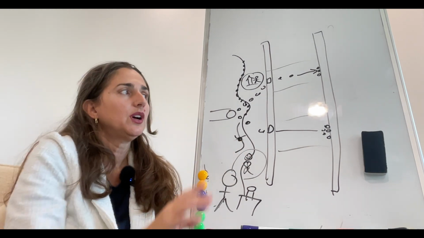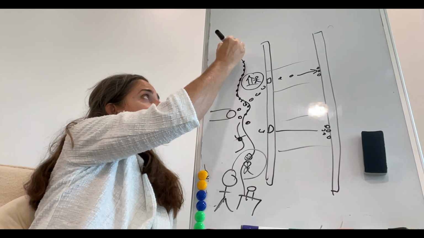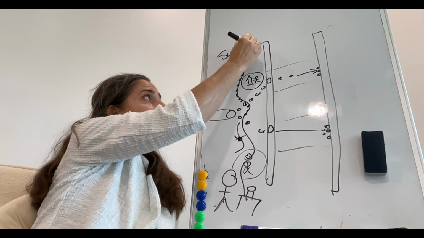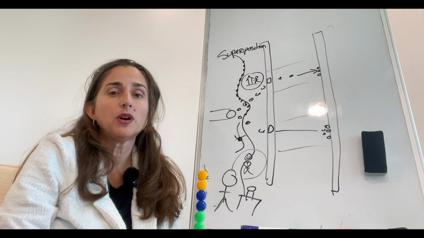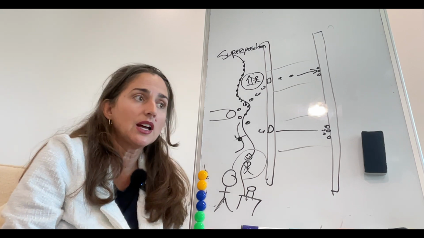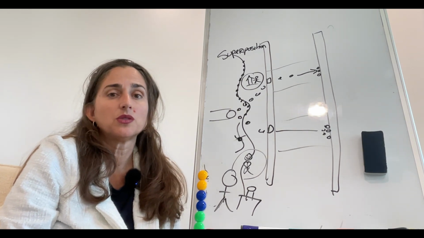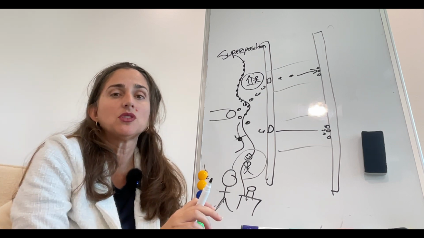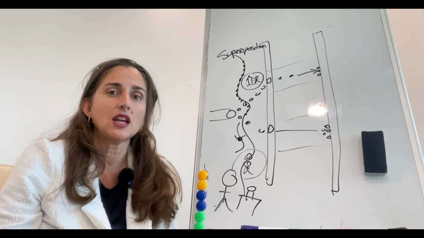Okay, so that's the double slit experiment. We also talked a little bit about superposition, when a particle is in many places at once, and about quantum entanglement, where two particles are entangled and everything is connected, and what happens to one is also experienced by and affects the other particle it's entangled with.